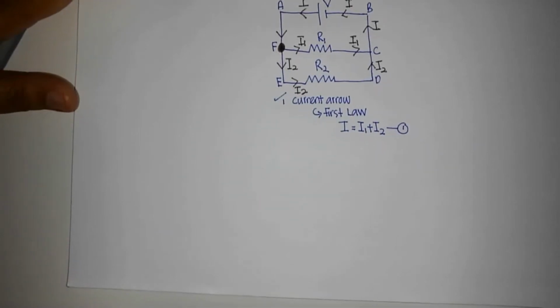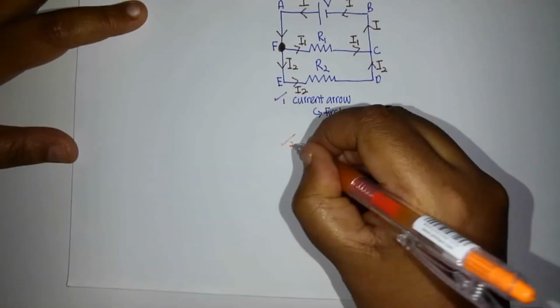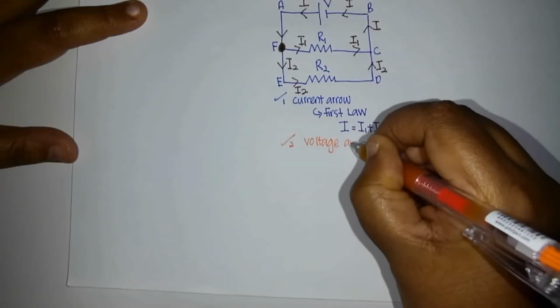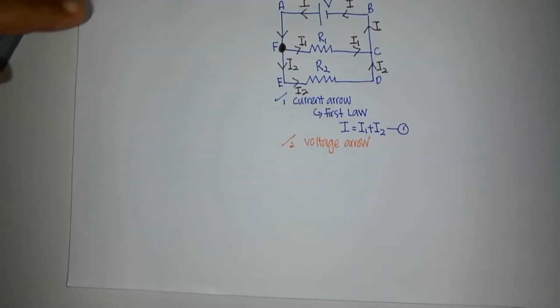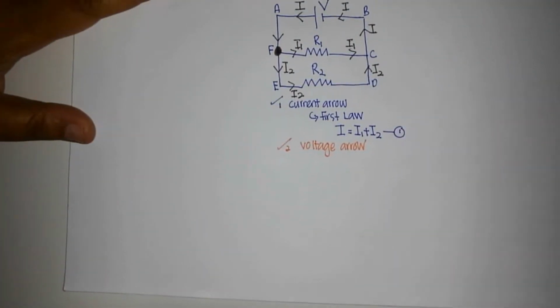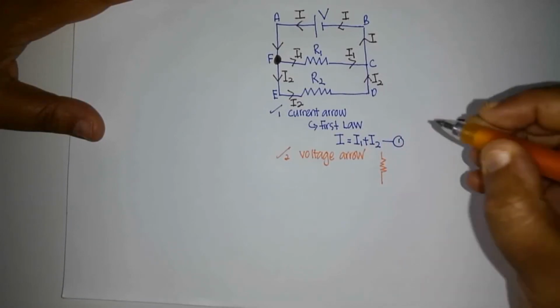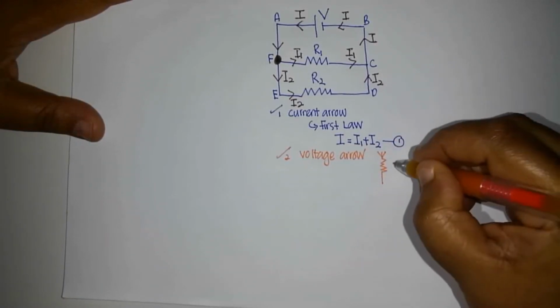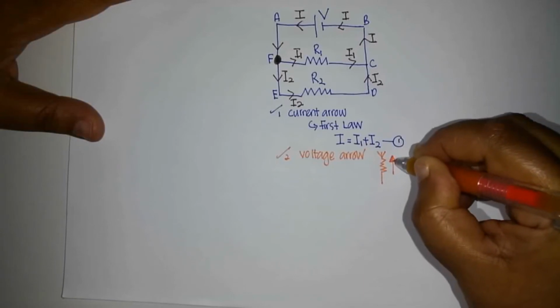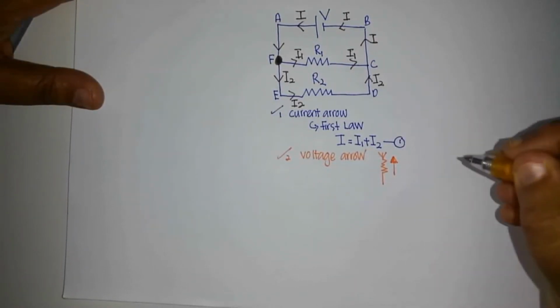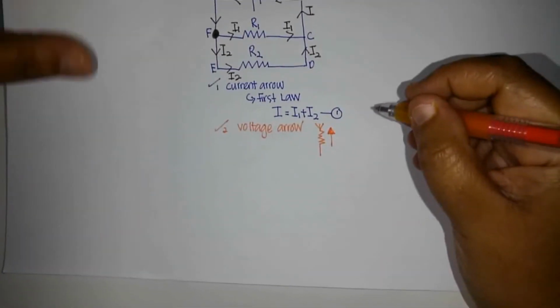Then next, I am going to draw the voltage arrow. Just a reminder, how do we draw the voltage arrow? If this is the resistor and the current is in this direction, we draw a voltage arrow for positive rise, which will be the direction opposite to the flow of current in the resistor.